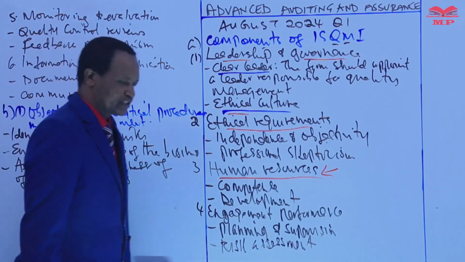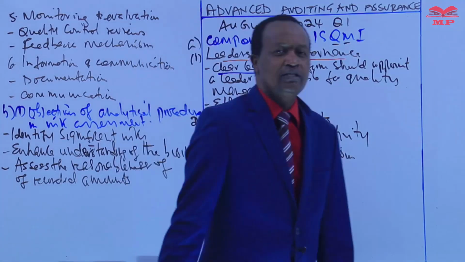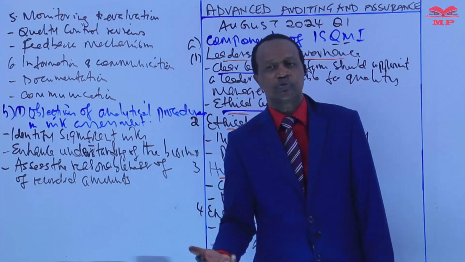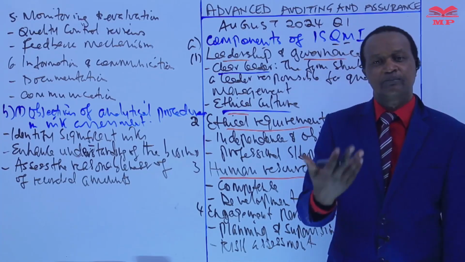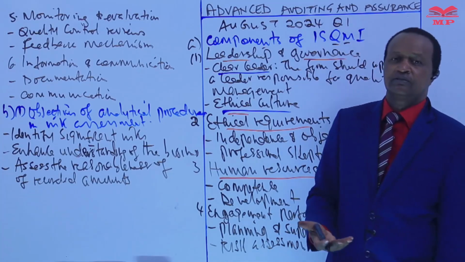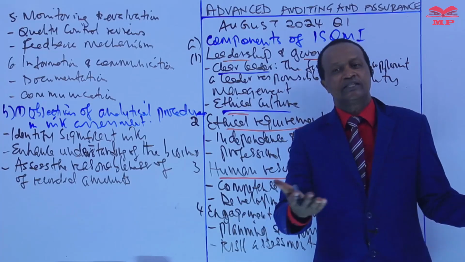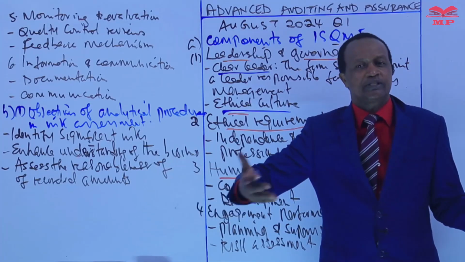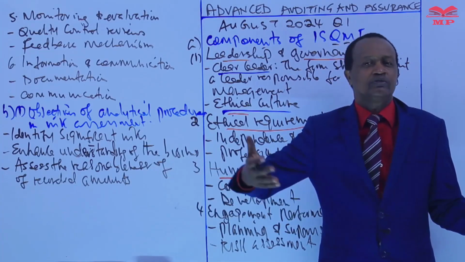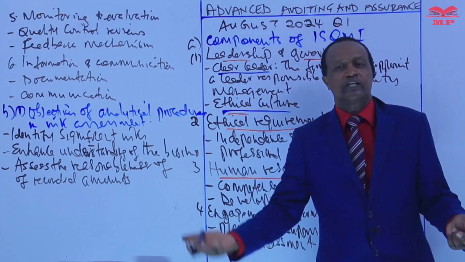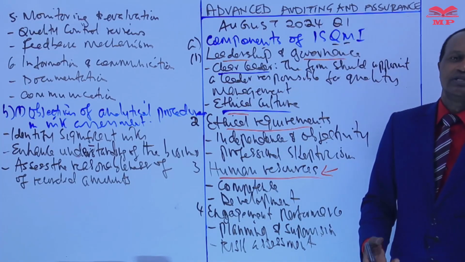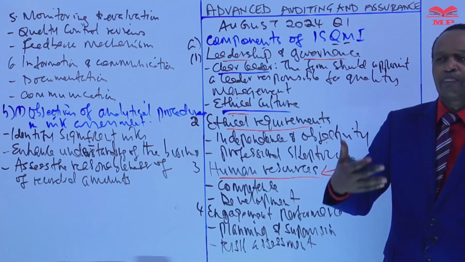Analytical procedures can be used to assess the reasonableness of the recorded amounts in the financial statements. Because by comparing the client's financial data to expected results or to industry benchmarks, the auditors can identify any unusual or unexpected fluctuations that may indicate potential misstatements.